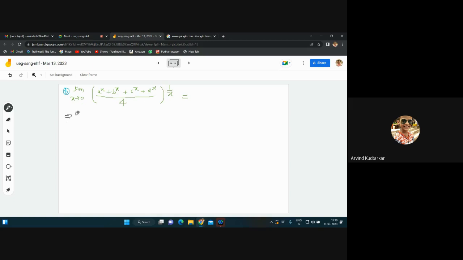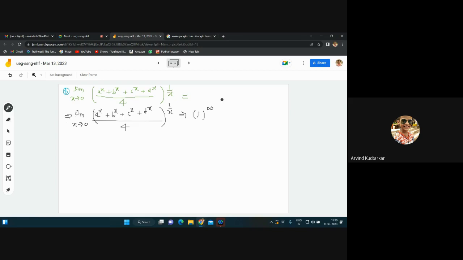See, if you apply the limit as x tends to 0 to (a raised to x plus b raised to x plus c raised to x plus d raised to x) upon 4, whole raised to 1/x, then putting x as 0, a raised to 0, b raised to 0, c raised to 0, d raised to 0 are all 1, so 4 upon 4 is 1, and 1 raised to 1/0 is infinity, 1 raised to infinity. So we are getting the limit in index form.